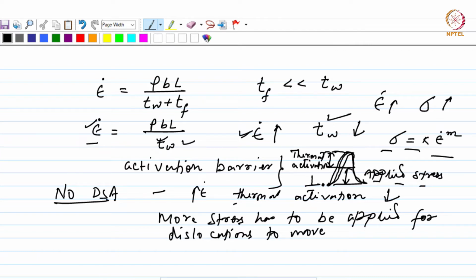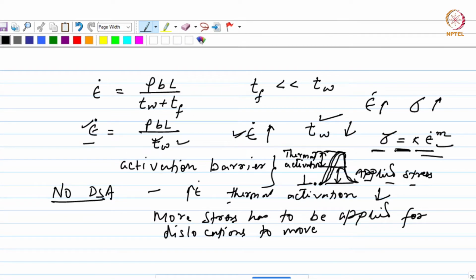If thermal activation decreases, the applied stress has to be increased for the dislocations to overcome this barrier and move. So as you decrease the time or increase the strain rate, the applied stress has to be increased because you have less thermal activation. And you can see through this equation why the stress increases when you increase the strain rate, epsilon dot.